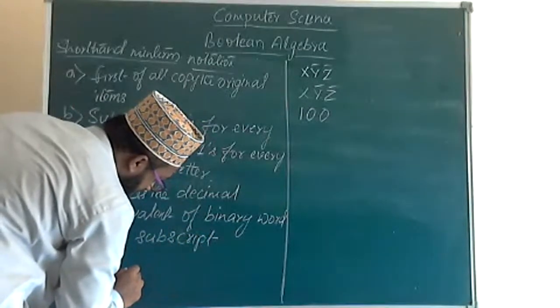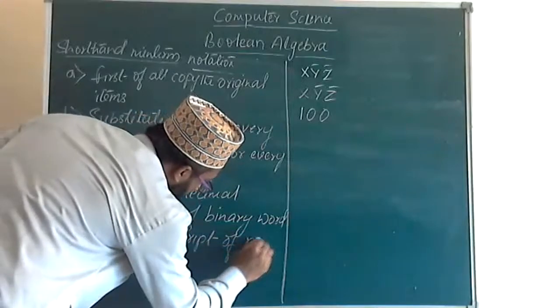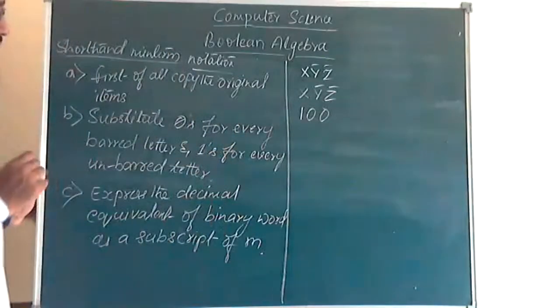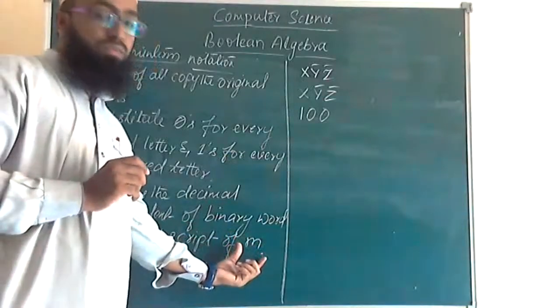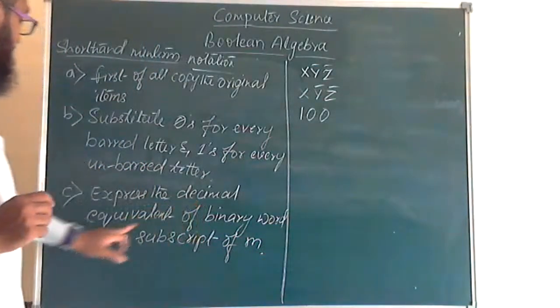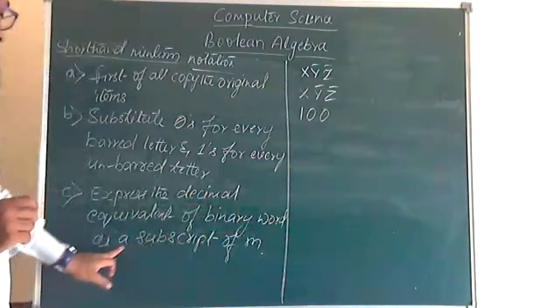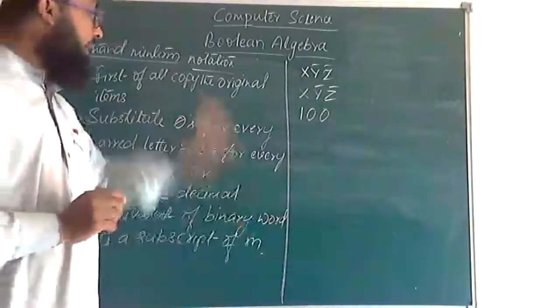Here we use the small letter m for minterms. Express the decimal equivalent of the binary word as a subscript of m.